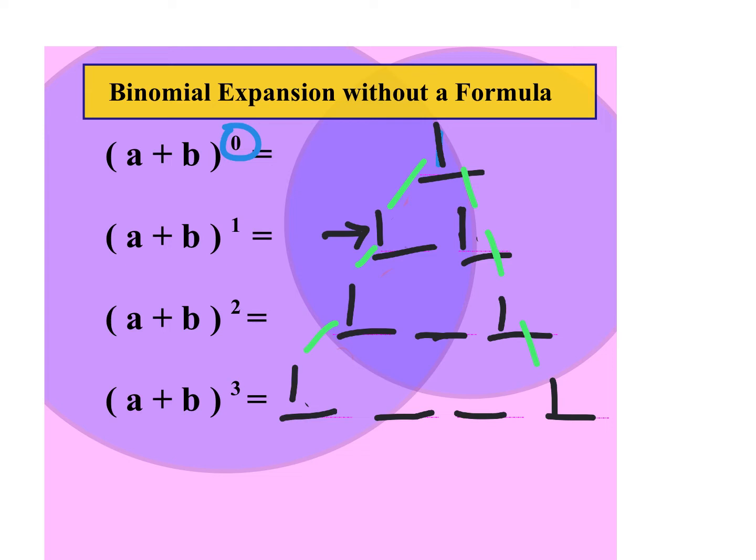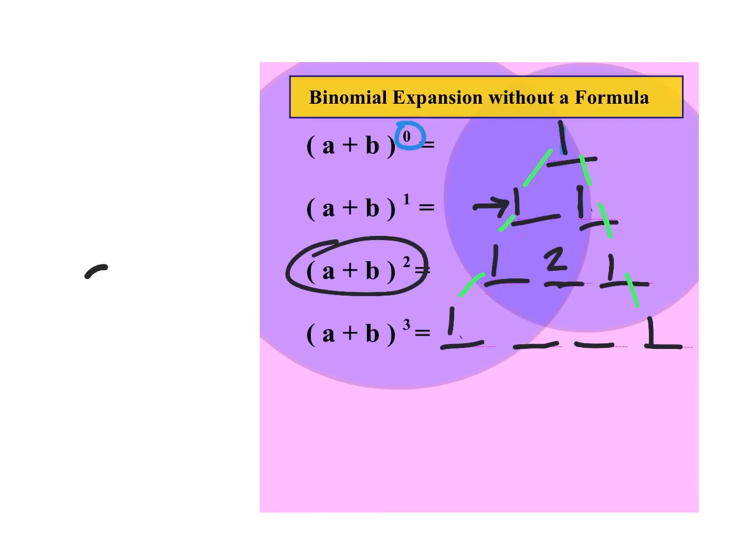Does anybody know what's going to be right here? Zodi, you are correct. And if you've ever done one of these before, you would know that it's a squared plus 2ab plus b squared.